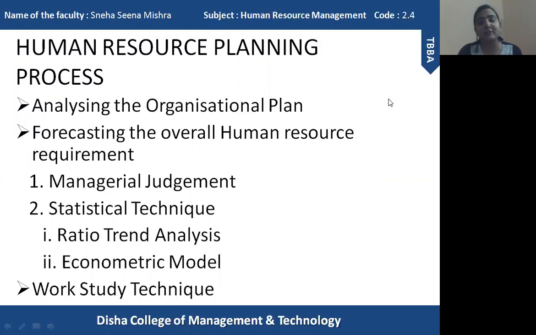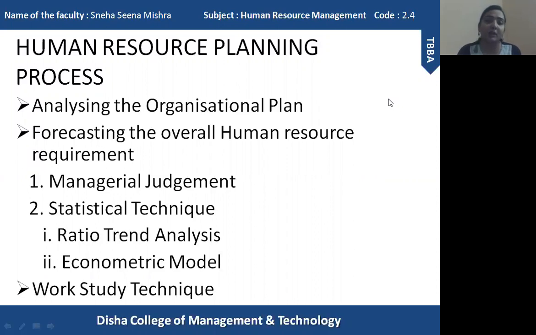If the objectives of the organization, and its plans regarding diversification, expansion and other things, are different from each other, then whatever objective HRP has cannot be achieved.